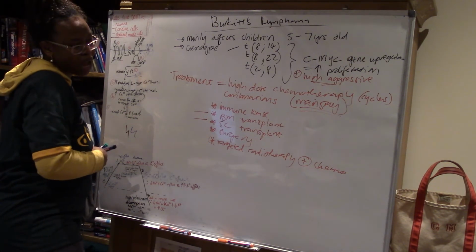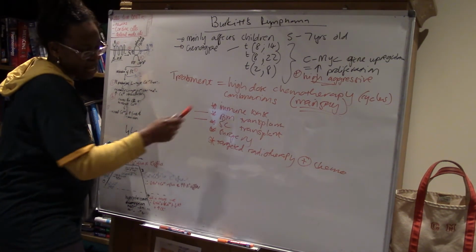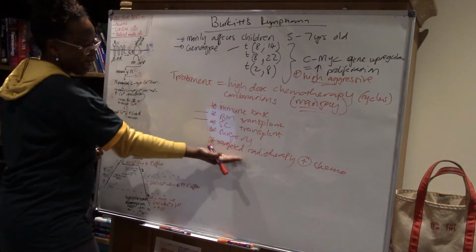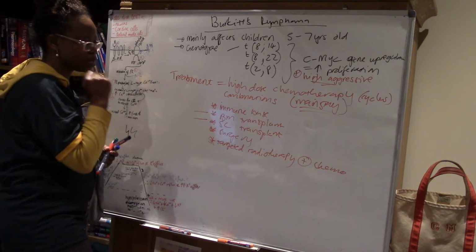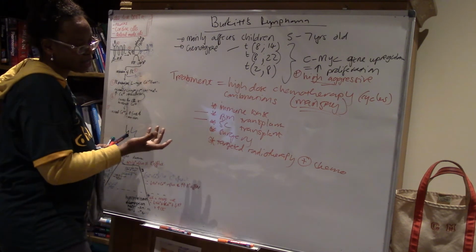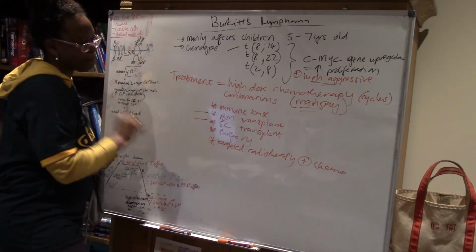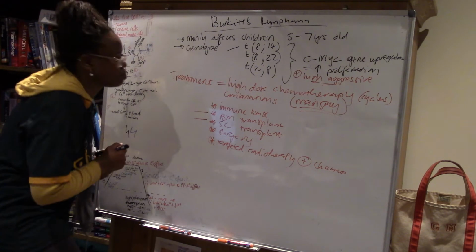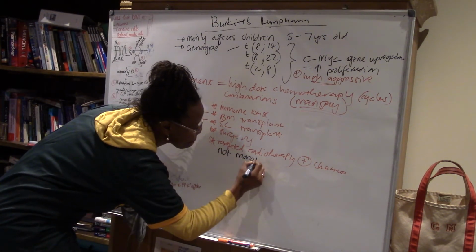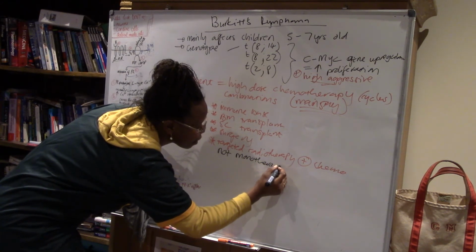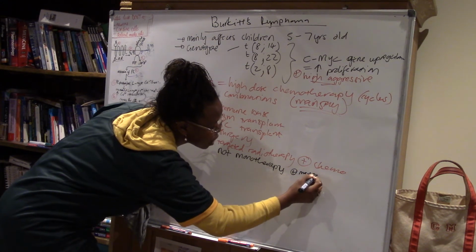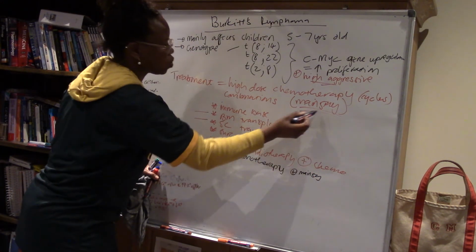It can only be effective if it's given with high dose chemotherapy, and then radiotherapy, perhaps if it's a jaw mass, to target it there, or if it's an abdominal mass, to target it with radiotherapy. But I need to clarify, it's not monotherapy and not mainstay. There is only one mainstay, high dose chemotherapy.